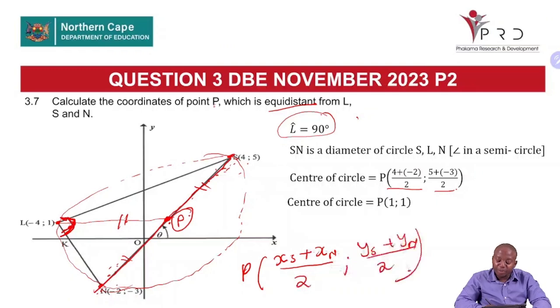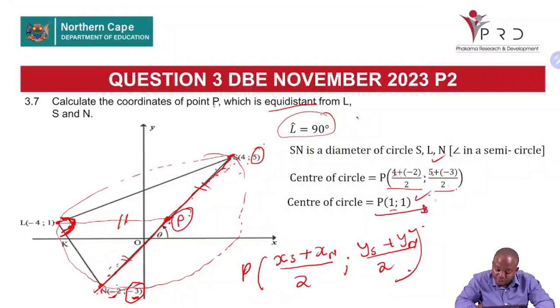So that's how we'll find the coordinates of P. So now the x's: we have 4 plus -2, which is the x value of N, all over 2. And the y value of S is 5, plus -3, which is the y value of N, then over 2. Then we find that 4 minus 2 is 2, 2 divided by 2 is 1, then 5 minus 3 is 2, 2 over 2 is also 1. So P is (1, 1). So it is the center of a circle in this case.